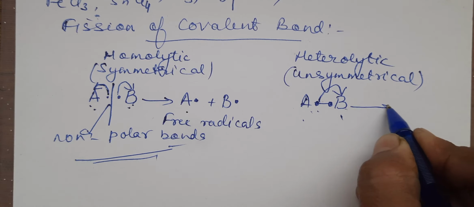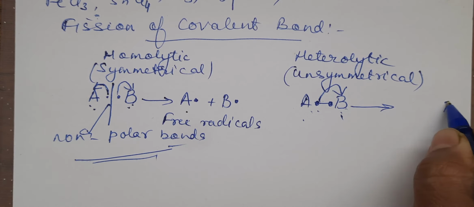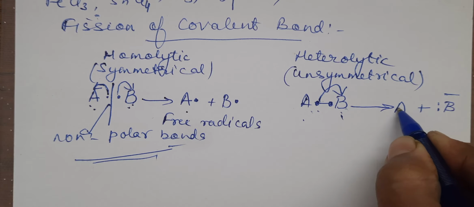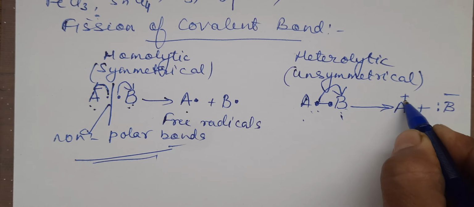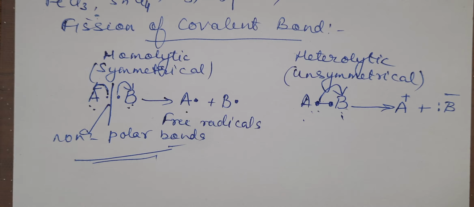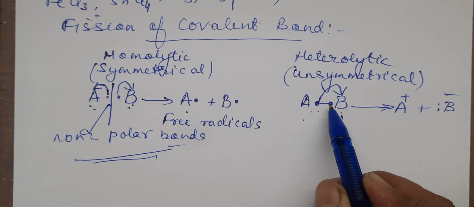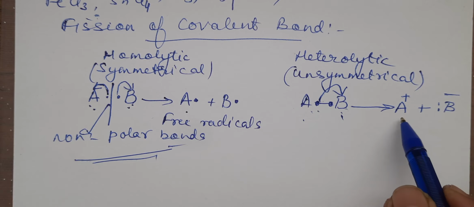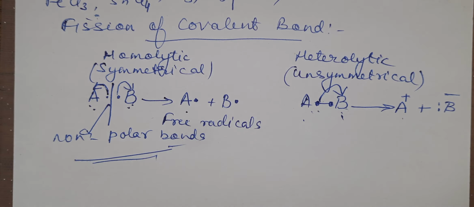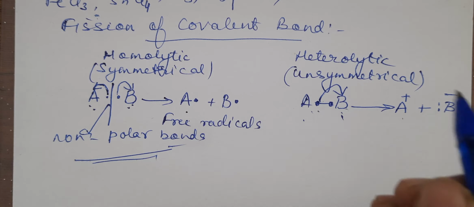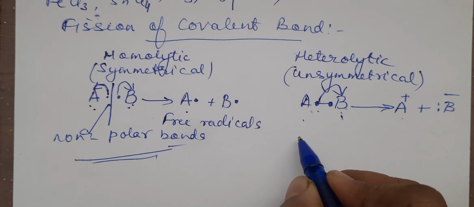So if B is more electronegative, B will get both the electrons and will come with a negative charge, and A will not get any electron and will form positive. That means of this bond, A will not get any electron and both the electrons are going towards B. So B has formed negative and A has formed positive. That means both the electrons are getting displaced towards the atom which is more electronegative.